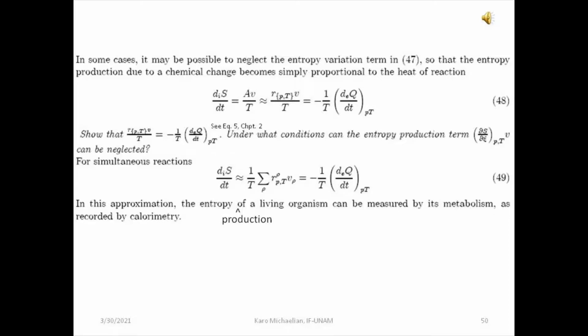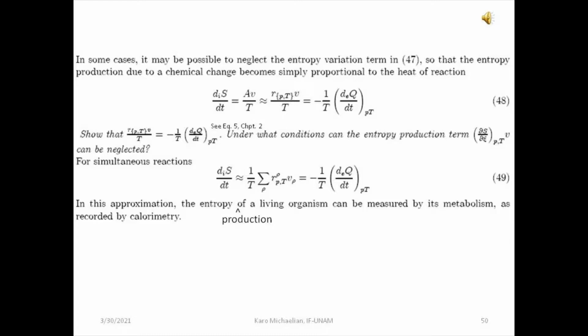So therefore, equation 48 is telling us that if we want to calculate the entropy production of a system, often, but not always, we can determine it only from the heat of the reaction, the heat which is being produced or flowing from the system, whether it be positive or negative. But this is only the case when we can neglect the variation of the entropy, how the entropy is changing within the system while the chemical reactions are occurring.